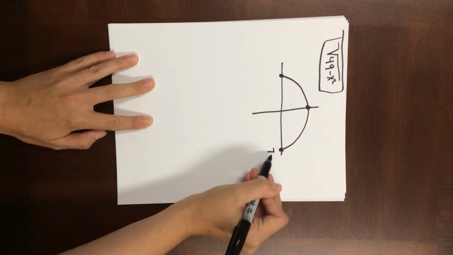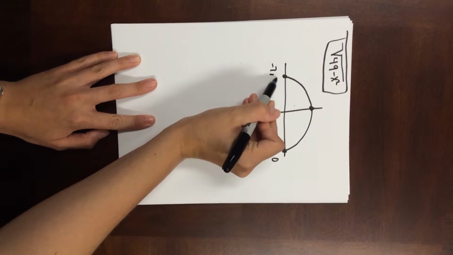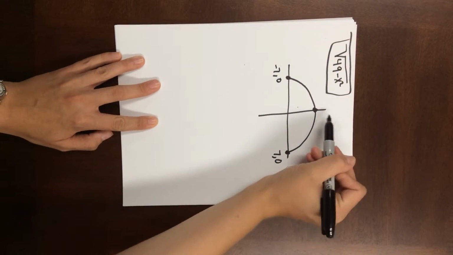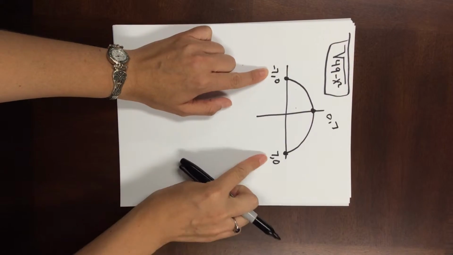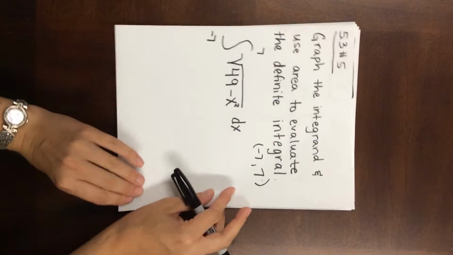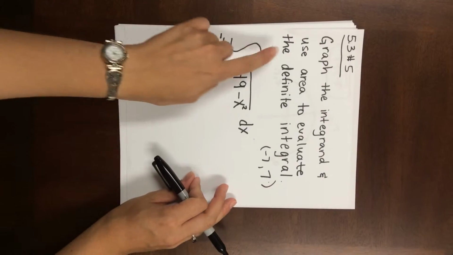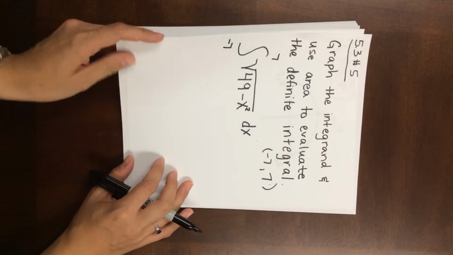So here I have (7, 0), there I have (-7, 0), and up here I have (0, 7). And this -7 and this 7 for the x values makes sense, since over here we're going between -7 and 7 when we look at that interval of the x value.